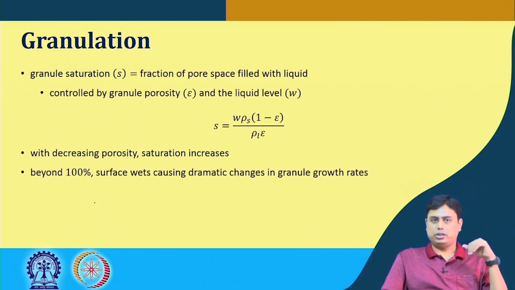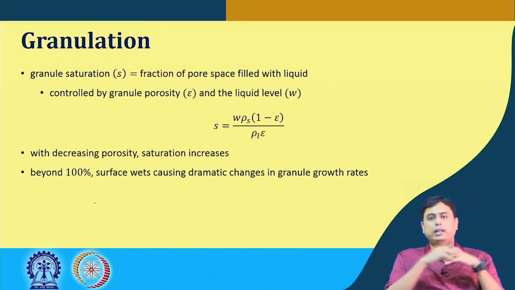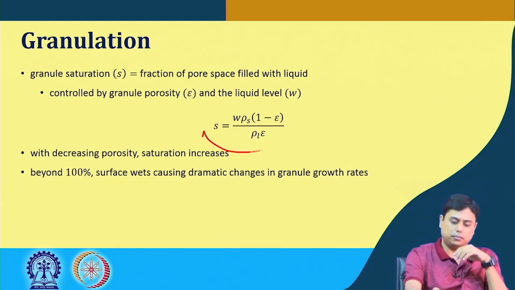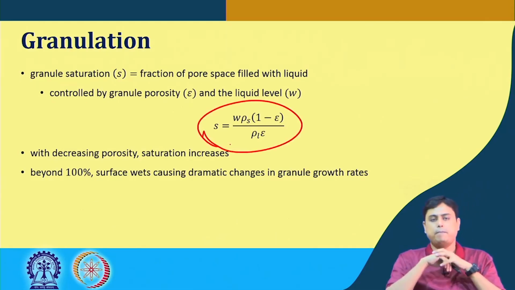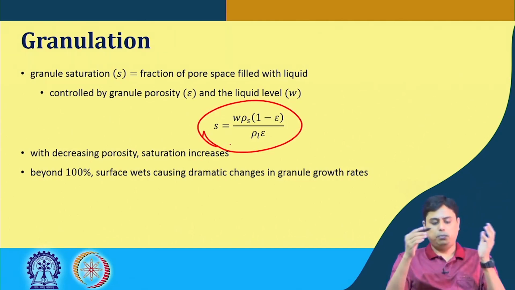So, granule saturation, which is defined as the fraction of pore space filled with the liquid, is controlled by two factors. One is the granule porosity and the liquid level, and this is the relation. From which we can see that with increasing porosity, saturation decreases, or with decreasing porosity, saturation increases.